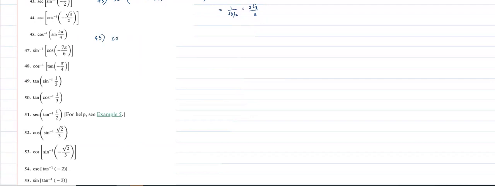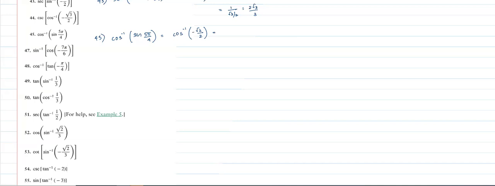Cosine inverse of sine 5 pi over 4. Sine 5 pi over 4, third quadrant, sine is negative. So this will be cosine inverse of negative root 2 over 2, right? And now this puts cosine in the second quadrant.